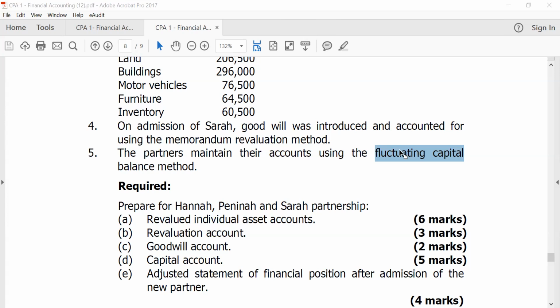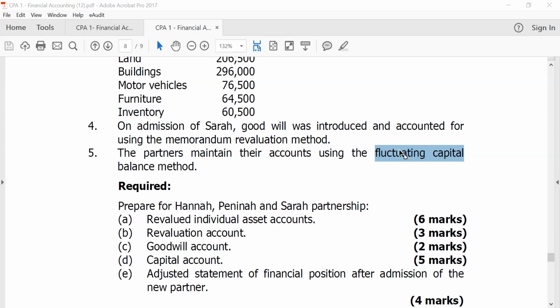If we are using the fluctuating method, in that case, we include both the contributions by the partners as well as the details that would have been included in the current account.